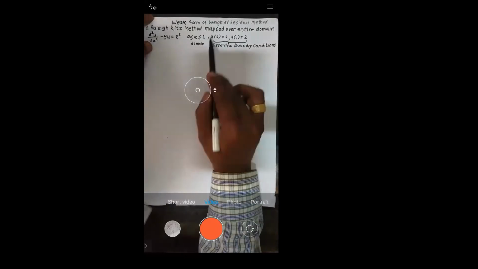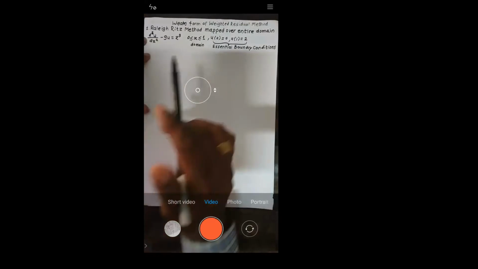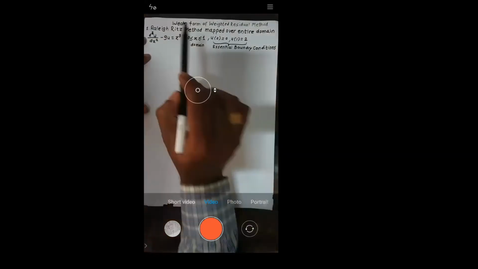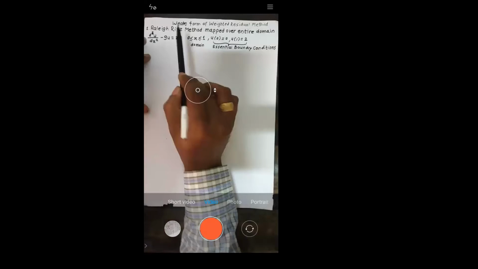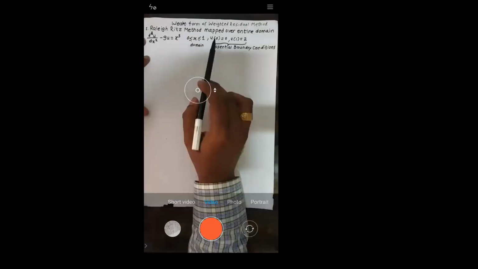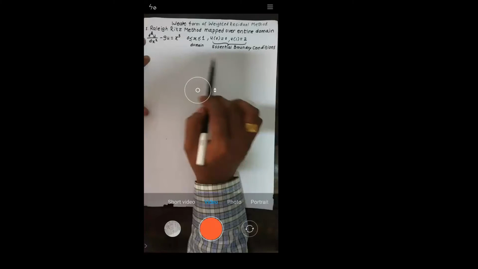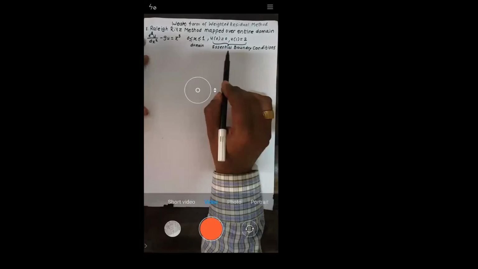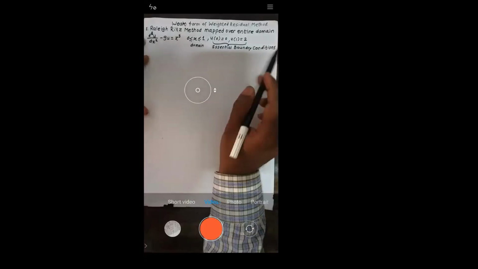Why I'm stressing this concept here is that in the Rayleigh-Ritz method, you need to apply only essential boundary conditions. Luckily in this problem, both the boundary conditions are essential, but remember that in the Rayleigh-Ritz method, you need to apply only essential boundary conditions.